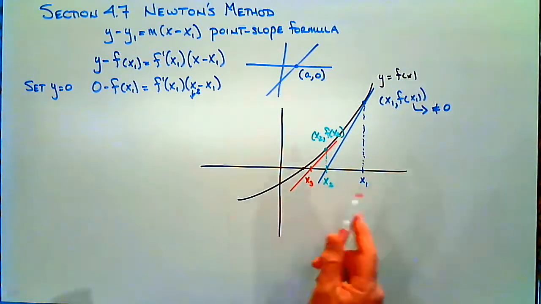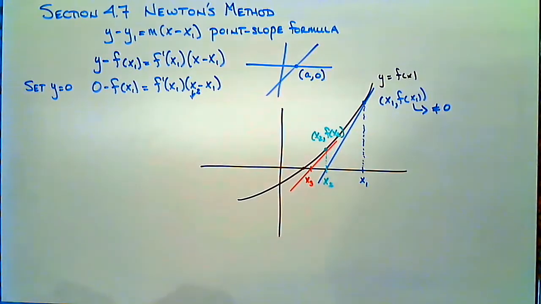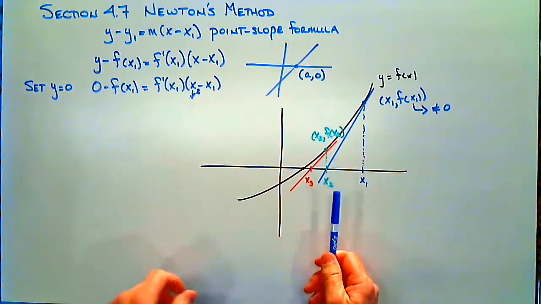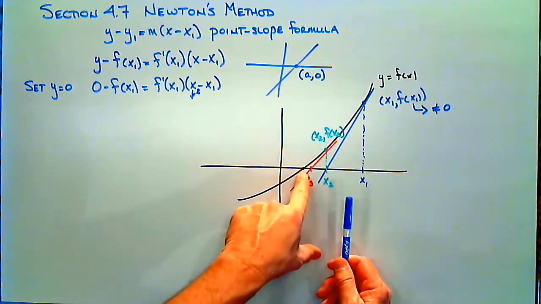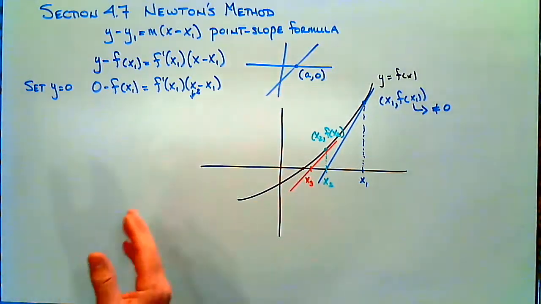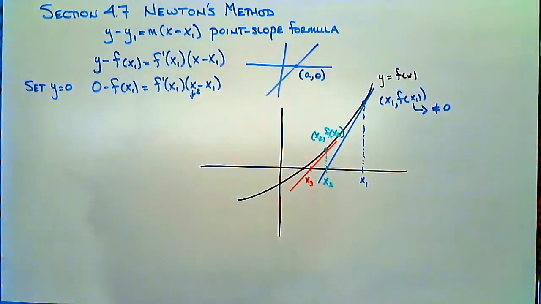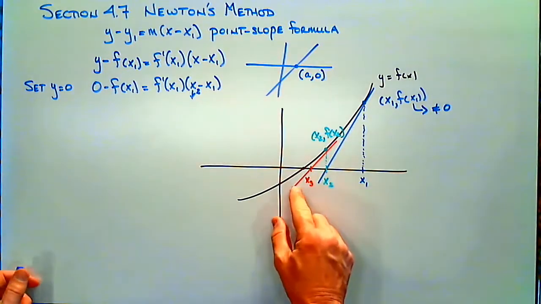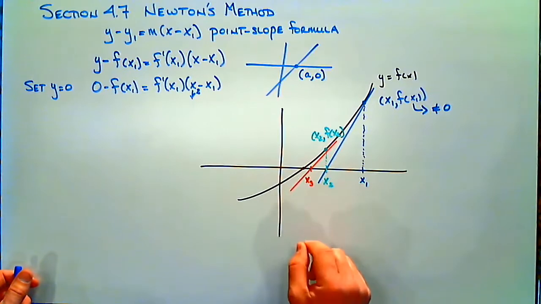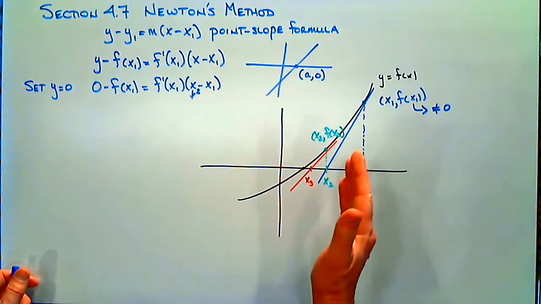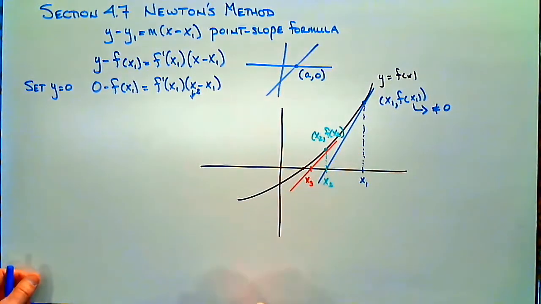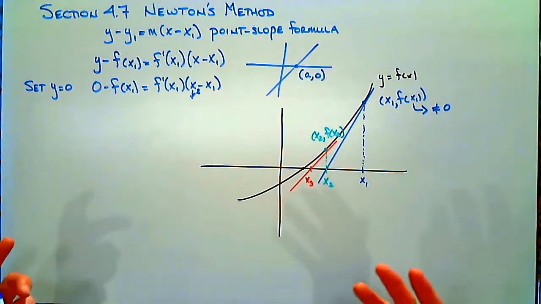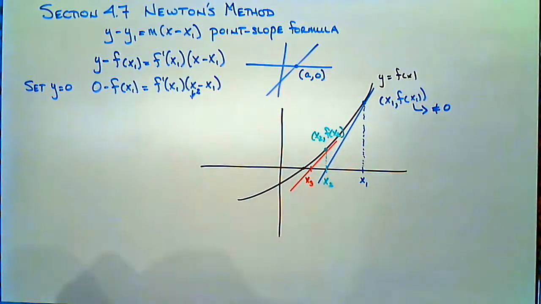If we repeat this process over and over and over again, Newton said, these x-intercepts are going to converge to this root. My x-intercepts are going to become a better and better estimate of this root each time I draw myself a new tangent line. And that is the process that we call Newton's method.